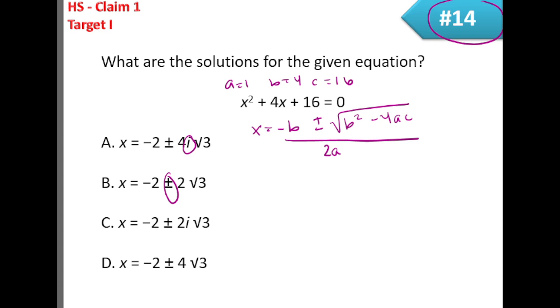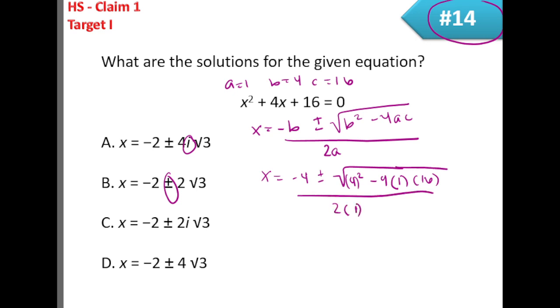Your multiplication. So x equals negative 4 plus or minus the square root of b squared, 4 squared minus 4ac, over 2 times 1.